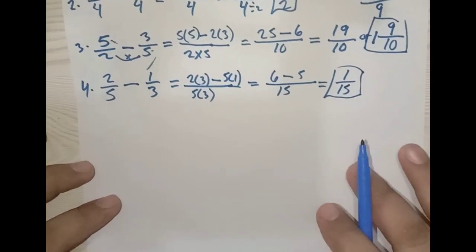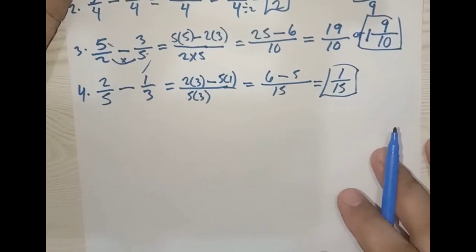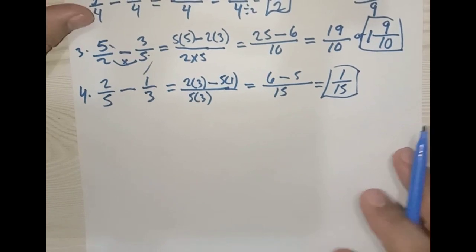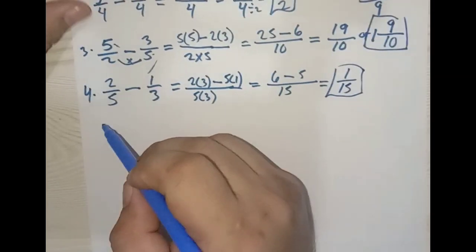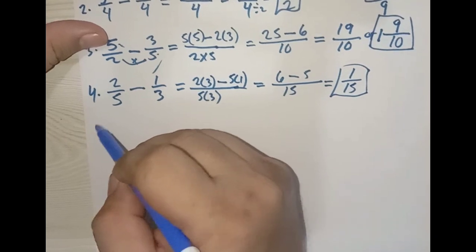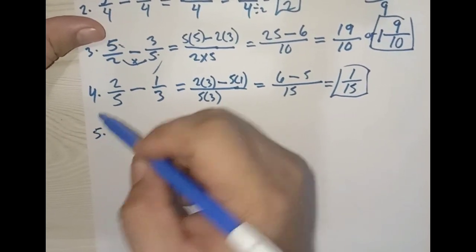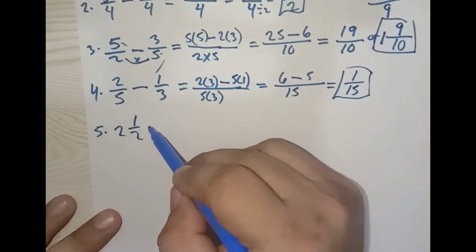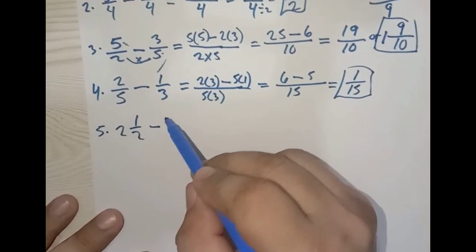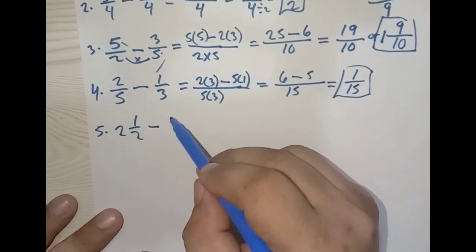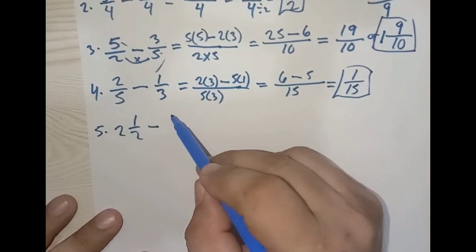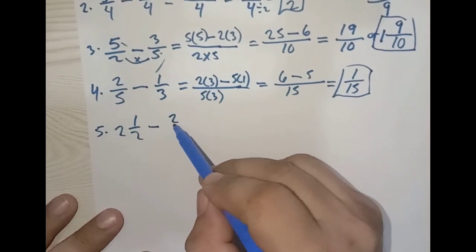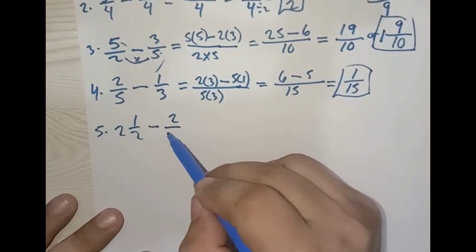Okay, how about if we are going to subtract with mixed number and fraction? Okay, number 5. 2 1/2 minus 2/3.